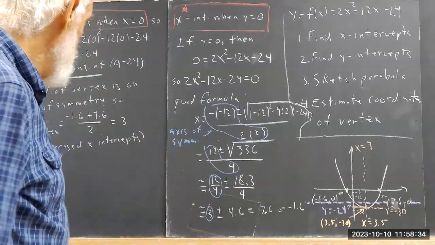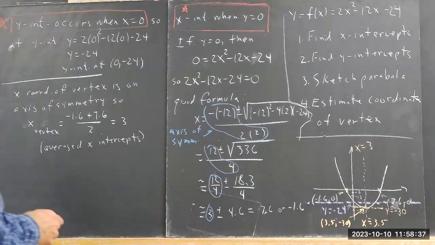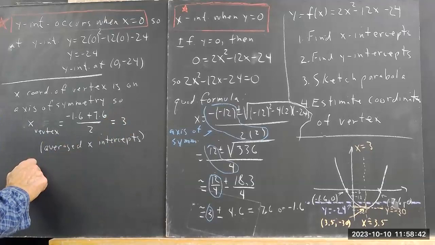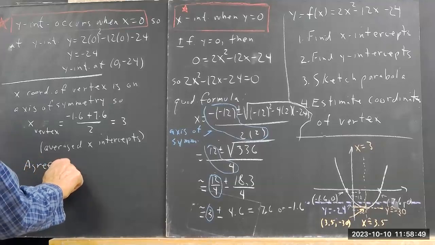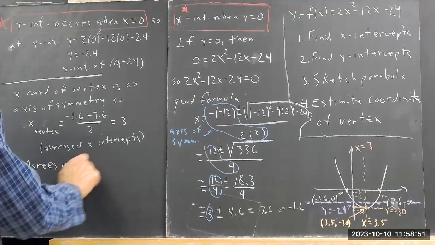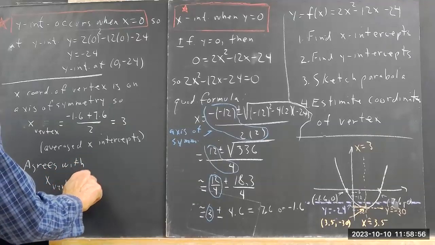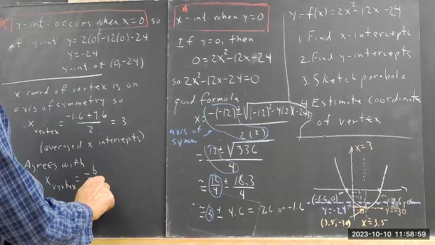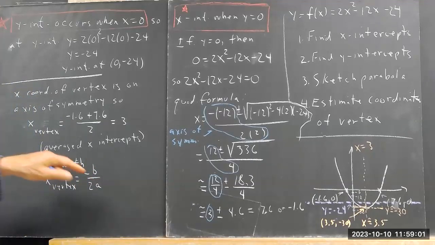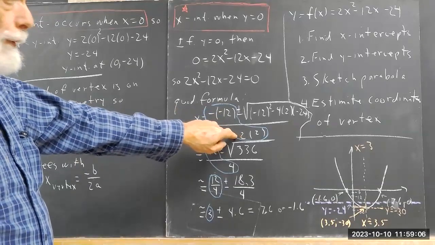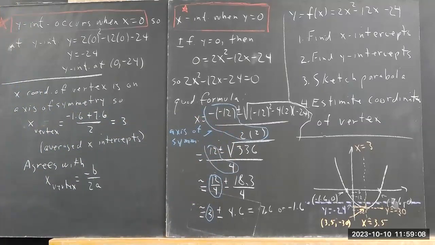So here is your axis of symmetry, and it's at x equals 3. And that's then at negative b over 2a, because in the quadratic formula, this is negative b and this is 2a. And I think you're familiar with that.